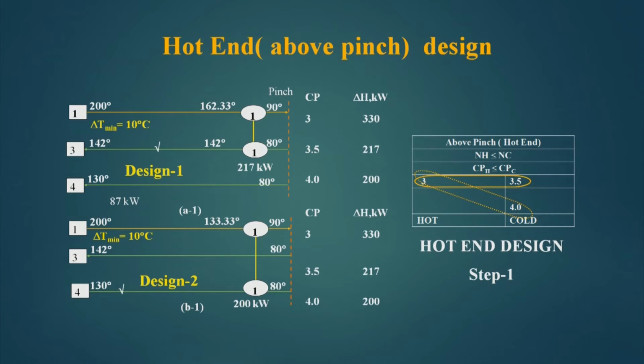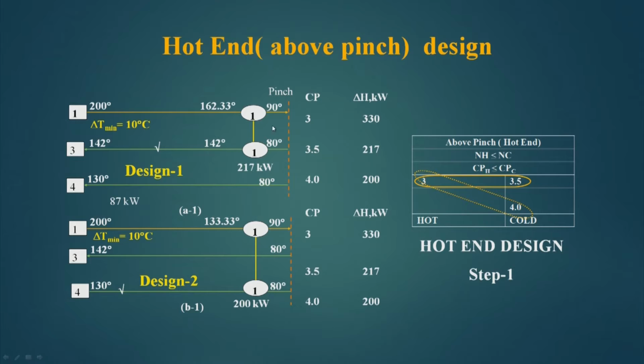That means delta T will be 50. So, 50 plus 80 gives 130 degrees centigrade. So, this 200 kilowatt of energy is enough to raise its temperature from 80 degrees centigrade to 130 degrees centigrade. So, this is step 1.